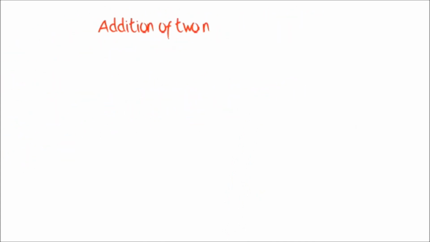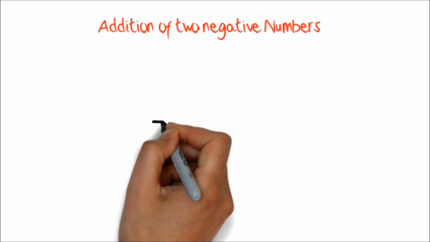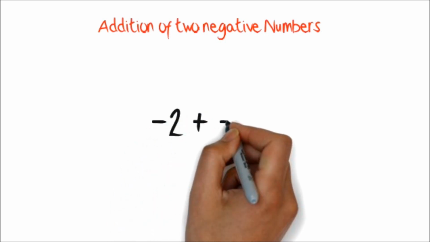Addition of two negative numbers. Finally, let's look at something very important. We're looking at the addition of two negative numbers. Add -2 plus -3.